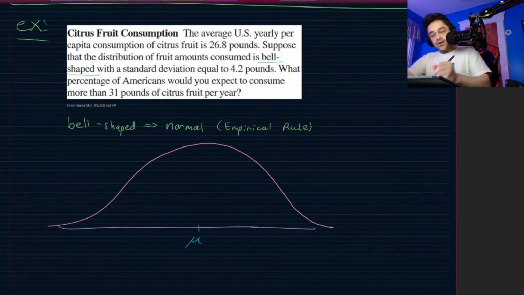And we know what the number is. We know the average. The average U.S. yearly per capita consumption of citrus fruits is 26.8 pounds. So in a normal distribution, the mean goes right in the middle, as I've drawn it here, or at least tried to. And the standard deviation is 4.2 pounds.